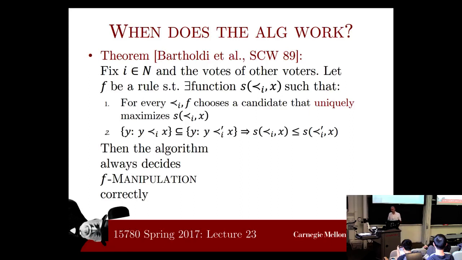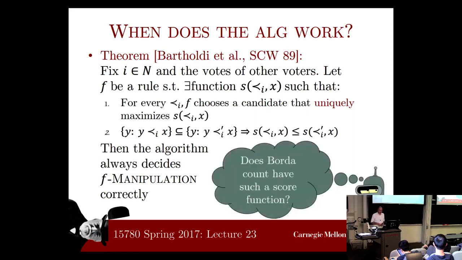So for example, let's think about Borda count. I want to claim that Borda satisfies these conditions. But to be more concrete, I have to define how tie breaking would work. So let's take a simple tie breaking method. Let's call the alternatives a1, a2, up to am, and I want to break ties in this order.